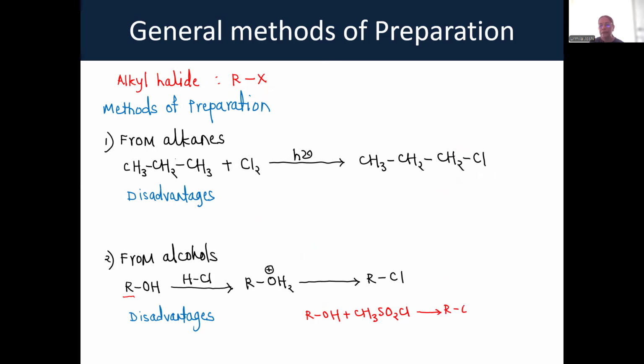The alcohol gets converted to R-O-S(=O)2-CH3. Now OH is getting converted to this mesylate. This is methyl sulfonyl chloride, and the product formed is a mesylate. This mesylate becomes a very good leaving group. It leaves fast and gets converted to alkyl halide. Just remember, this is called a mesylate.